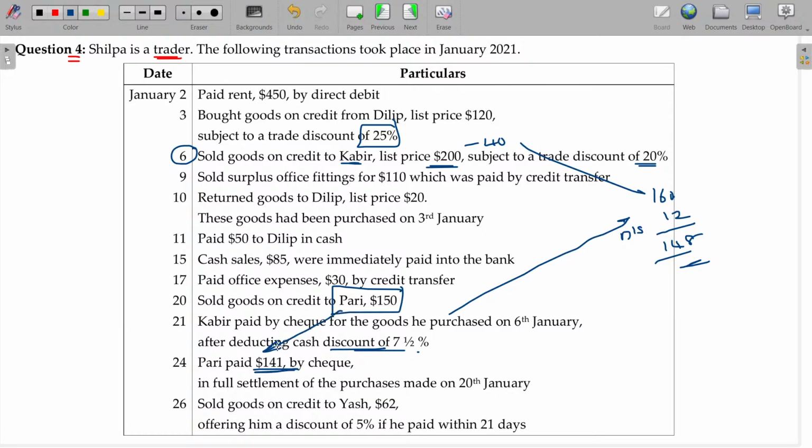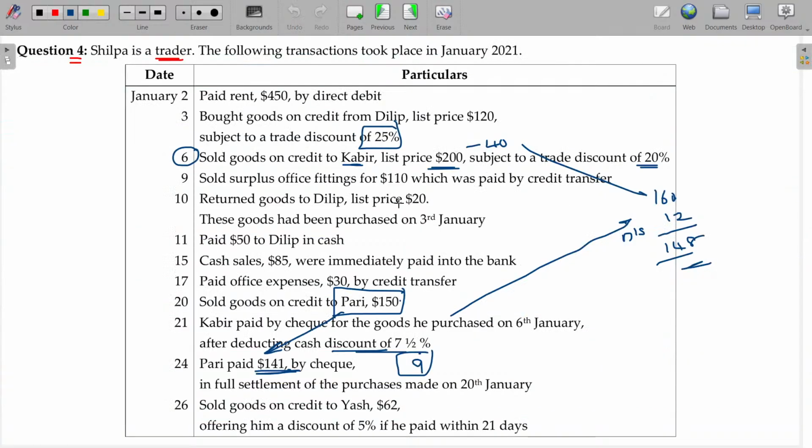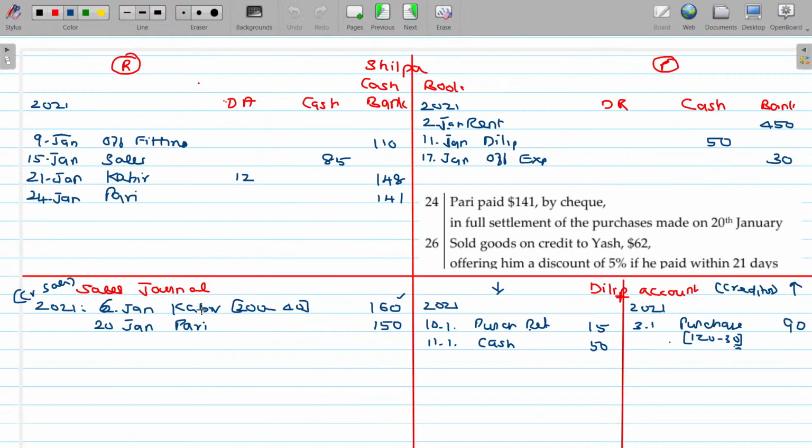Only 141. For 150, he paid only 141, meaning 9 rupees is the discount. So in your receipt side, 24th Jan, the amount settled by Pari, our receipt, should be posted 141 here, and the discount of 9 rupees will be a part of discount allowed.